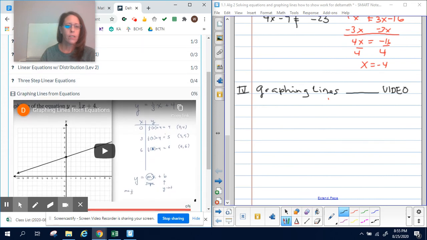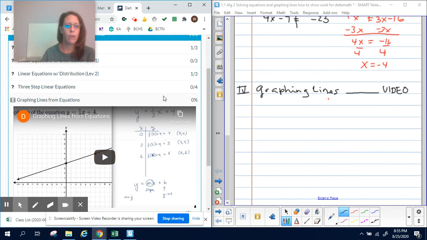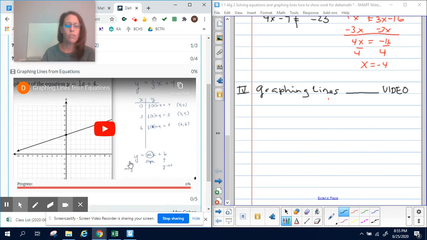Okay, so the Deltamath instructor is going to walk you through how to graph this line, y equals 1/3 x plus 4, via plotting a few points, and then refresh your memory about slope y-intercept. And you're going to write down the examples that he shows, which is more than just that one example, in this space right here for section 4.